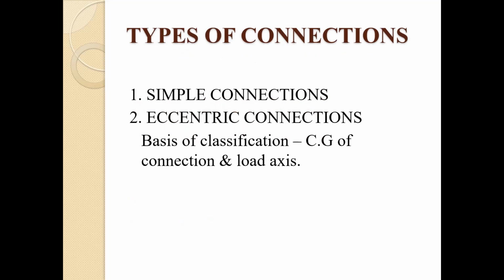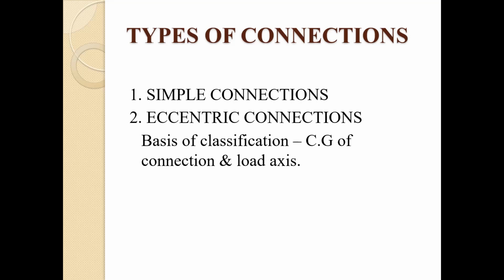So what are the types of connections? Basically the connections are divided into simple connections and eccentric connections. The simple connection we have seen already in earlier classes. The eccentric connection is one in which the force and the CG of the rivet group, or in case of weld, and the load are not coinciding.